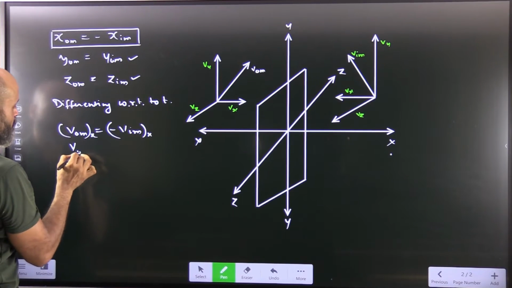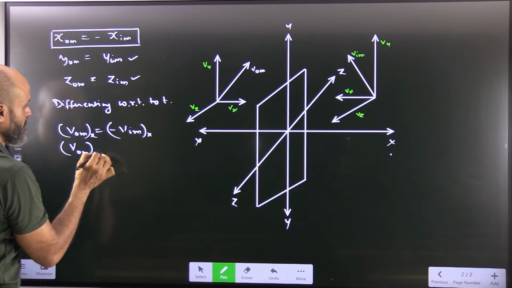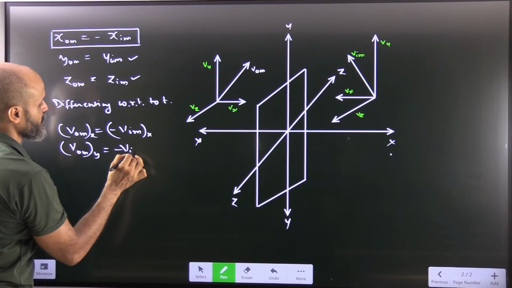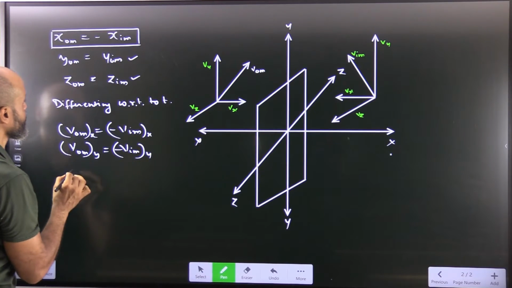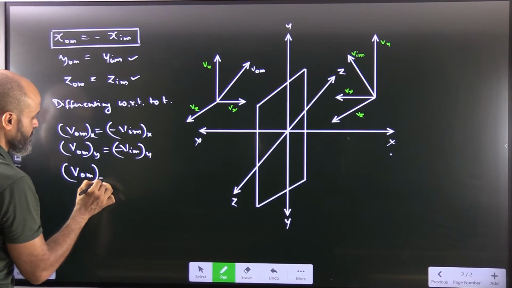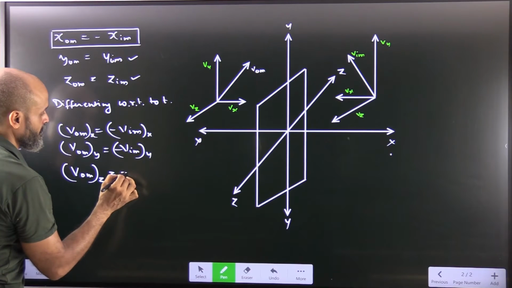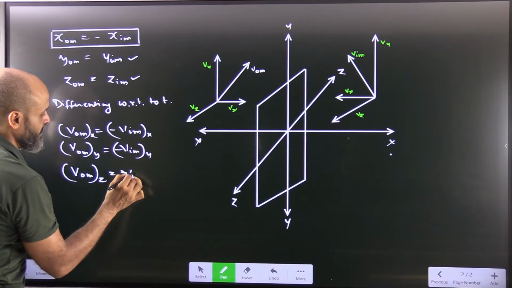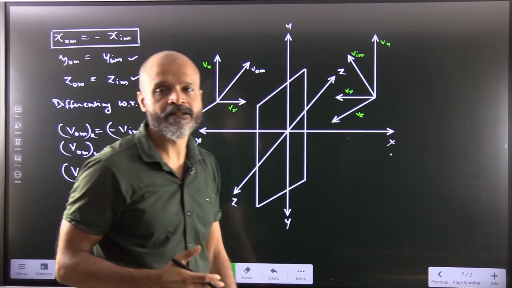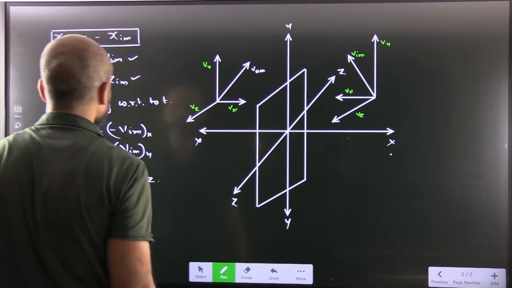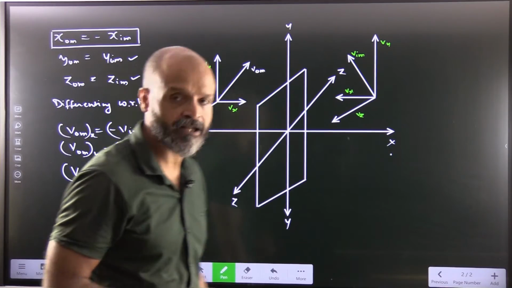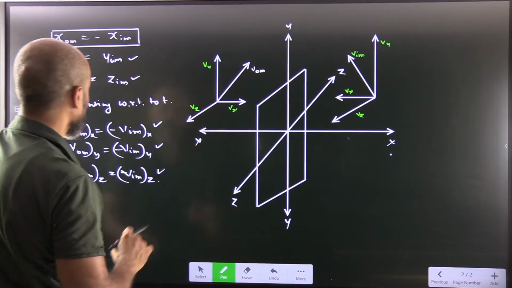Along the y-axis, velocity of object with respect to mirror will be equal to velocity of image with respect to mirror along the y-axis. Velocity of object with respect to mirror along the z-axis will be velocity of image with respect to mirror along the z-axis. So these are basically the things that we have to cater to. Hence these are the respective velocities that we have to cater to.